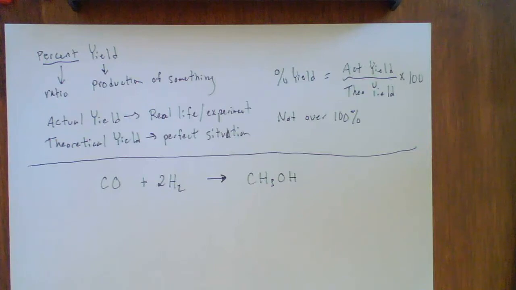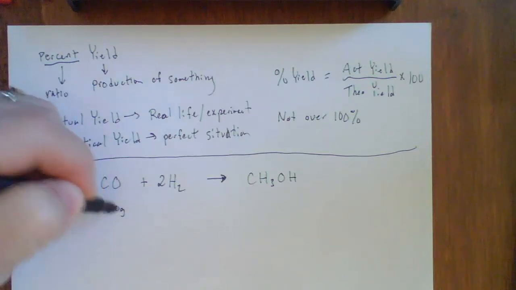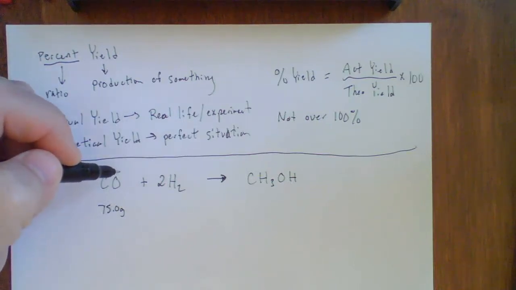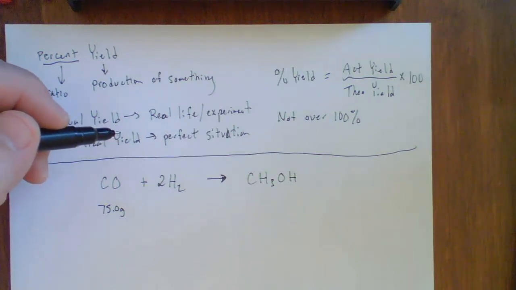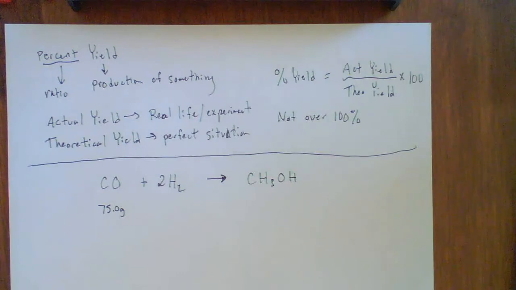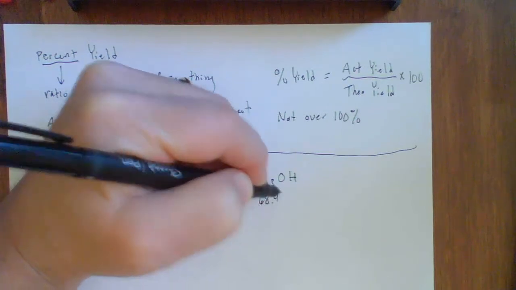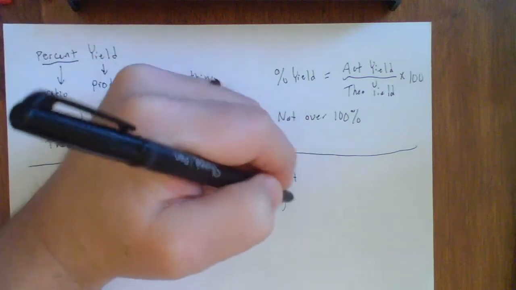Now let's say that we're going to start with 75 grams of our carbon monoxide, and we know that we're going to get an actual yield of 68.4 grams of the methanol. So I'm going to list this.